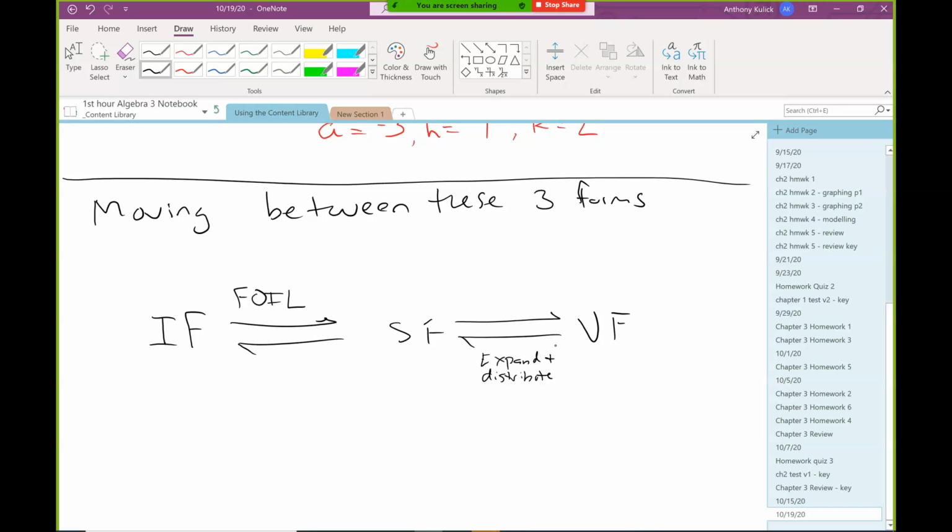Some of them just a little bit, because they're techniques that we already should know or should look familiar. To go from standard form to intercept form, we have to factor. And to go from standard form to vertex form, we're going to use a process called completing the square. I just abbreviate this as CTS because that's a lot of words.